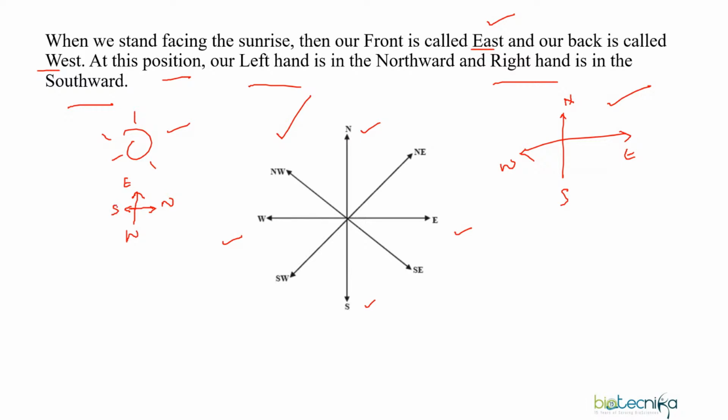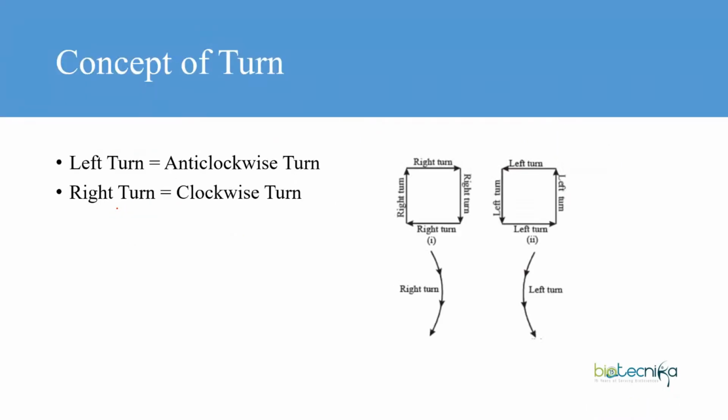Now next is the concept of turns, because in each and every question the question will say that a person walks 1 kilometer or 2 kilometers and then he or she turns right or left.